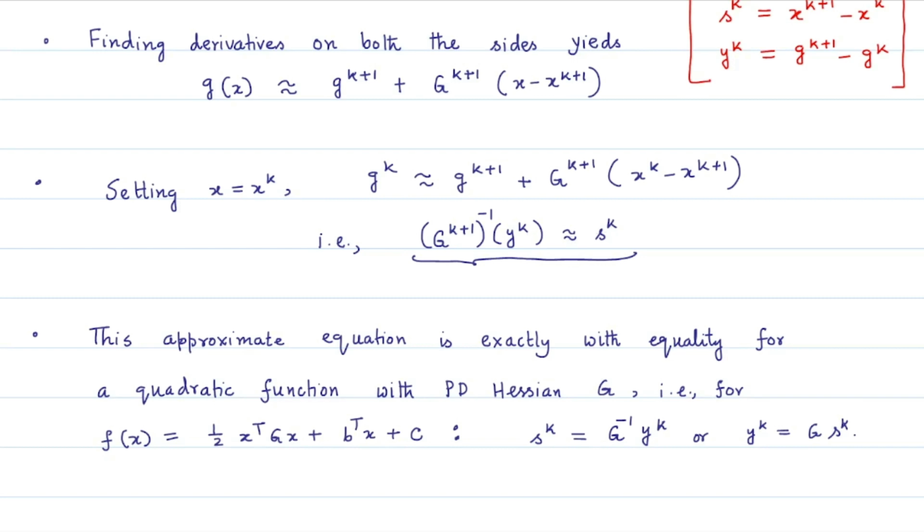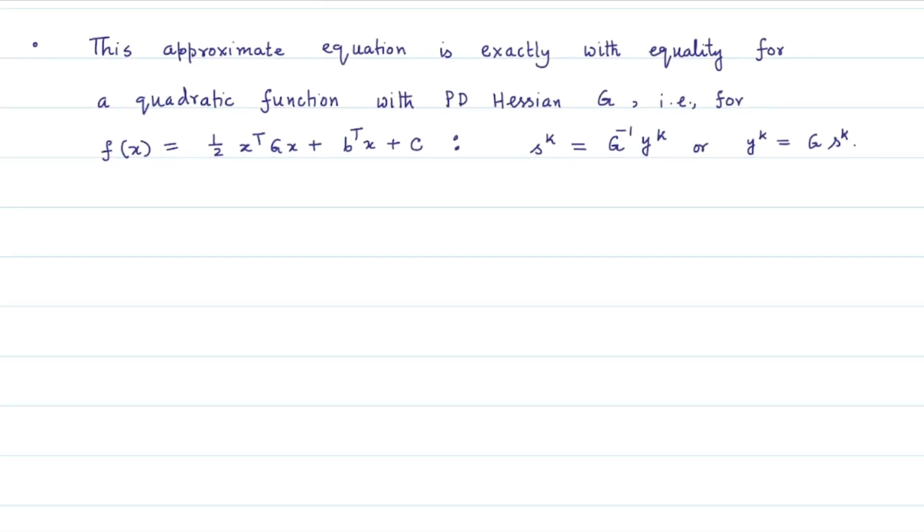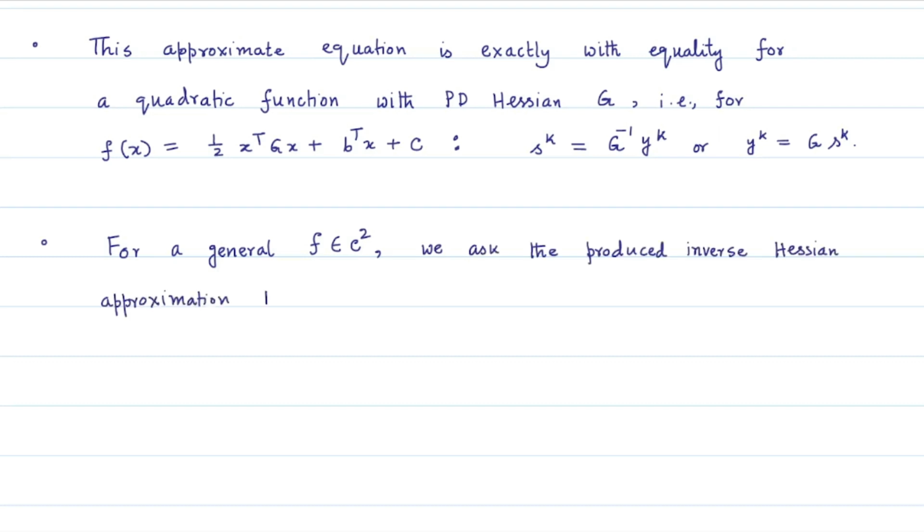So for a general twice continuously differentiable function f, we ask the produced inverse Hessian approximation Bk+1 in the quasi-Newton method to satisfy the relation Bk+1 times yk is equal to sk, which we write here neatly: for a general twice continuously differentiable function f, we ask the produced inverse Hessian approximation Bk+1 to satisfy Bk+1 times yk is equal to sk.